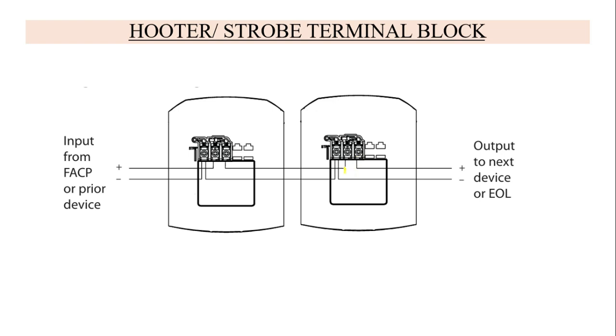Over here again we can loop like this. This is minus, this is plus, and this one is the common. We can loop plus common through. And at the end we have to connect an EOL, end of line resistor, or go to the next device.